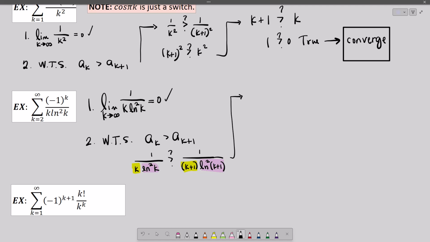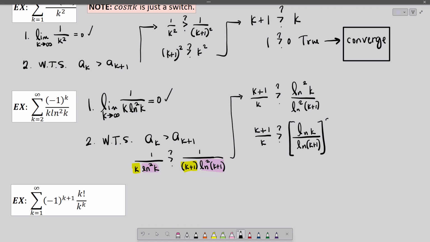So let's write this as k plus 1 over k greater than natural log squared of k over natural log squared of k plus 1. So on the right-hand side, let's fiddle with that for a second. So this is going to be natural log of k over natural log of k plus 1, all of that squared.